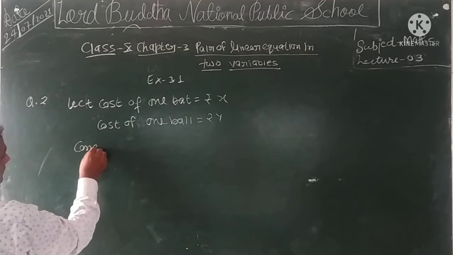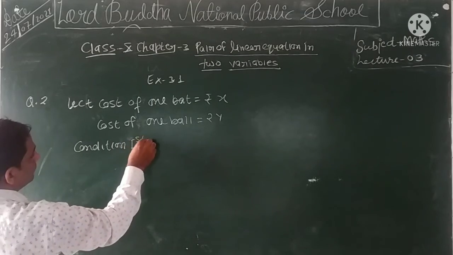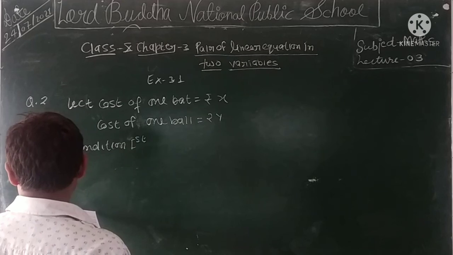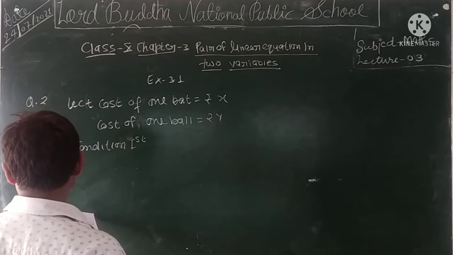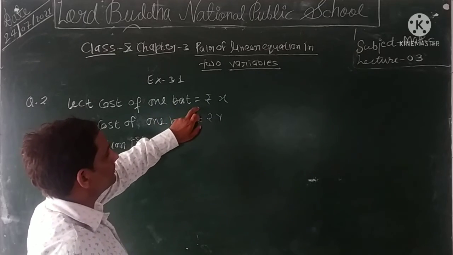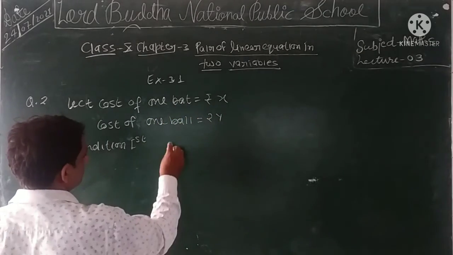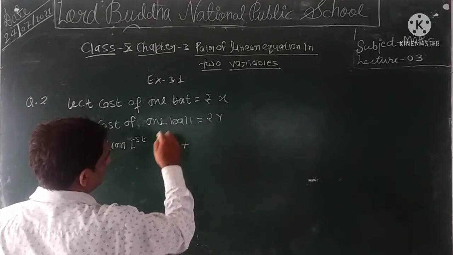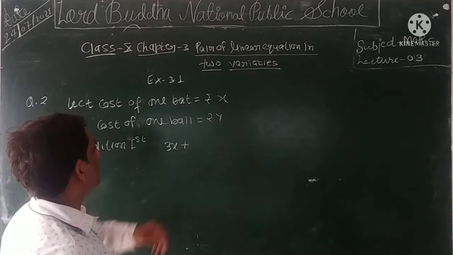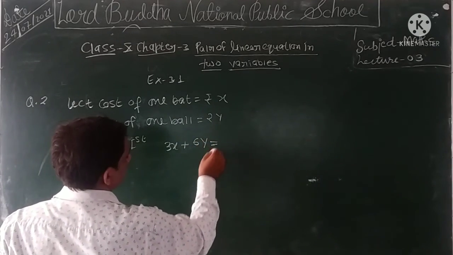Condition first. The condition is that the coach buys 3 bats and 6 balls. If the cost of 1 bat is rupees x, then the cost of 3 bats will be 3x. And the cost of 1 ball is rupees y, hence the cost of 6 balls will be 6y. 3x plus 6y.